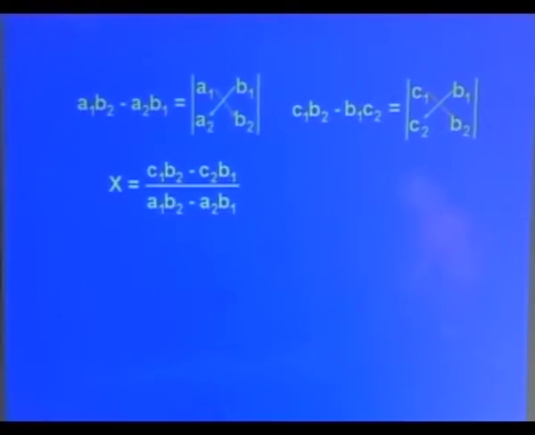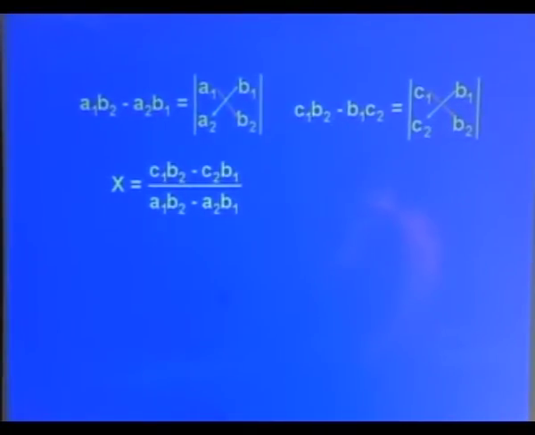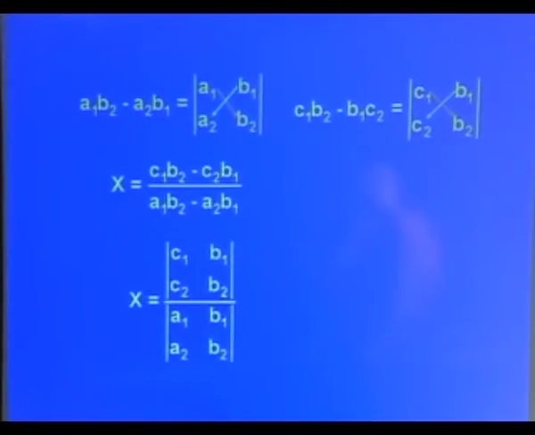Then the expression for x which we have obtained in my earlier slide, x is equal to c1 b2 minus c2 b1 divided by a1 b2 minus a2 b1, can be written as the matrix c1 b1, c2 b2 enclosed in vertical lines, divided by the matrix a1 b1, a2 b2 in vertical lines.